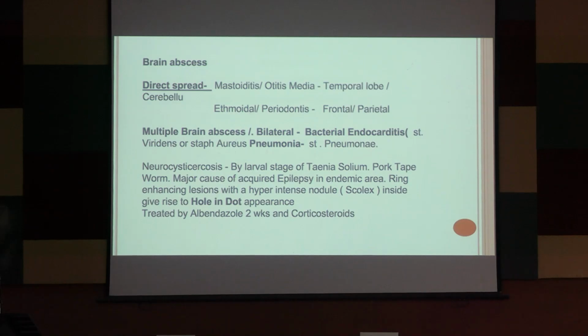So otitis media causes temporal lobe and cerebellar abscess; dental and ethmoidal infections cause frontal and parietal lobe abscess, usually found in children.